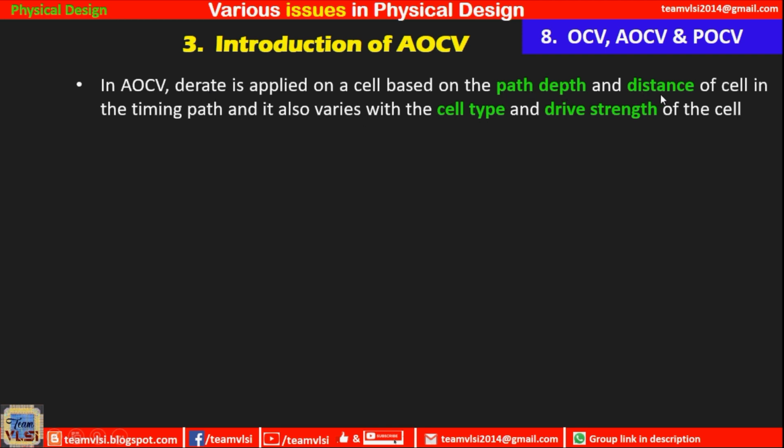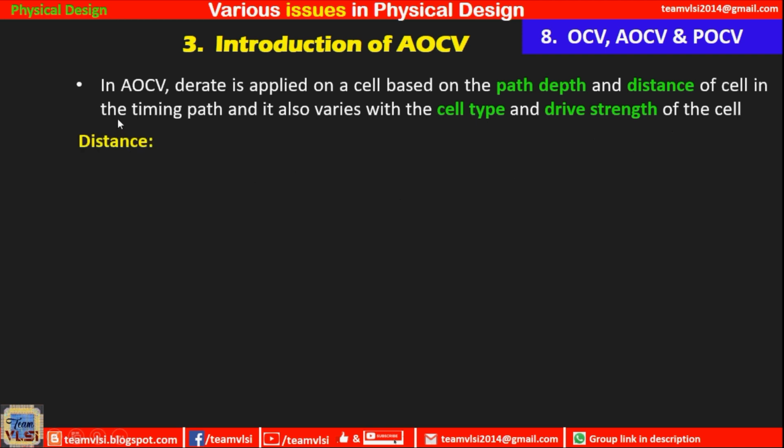It is no more constant like OCV. What will be the delay of a cell? It will depend on the cell's path depth and distance. We will discuss these two things in detail in this section, and also it is not constant for all types of cell and all types of drive strength. It varies according to the cell type and drive strength of the cell.